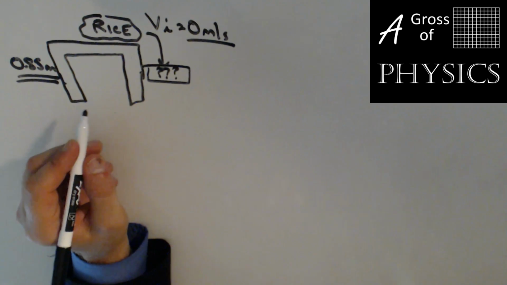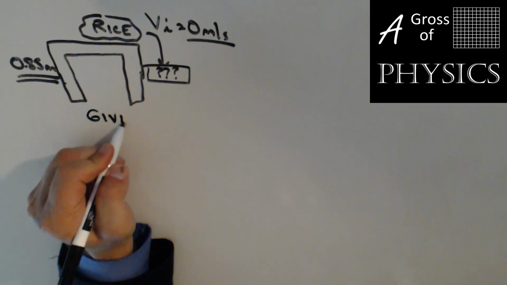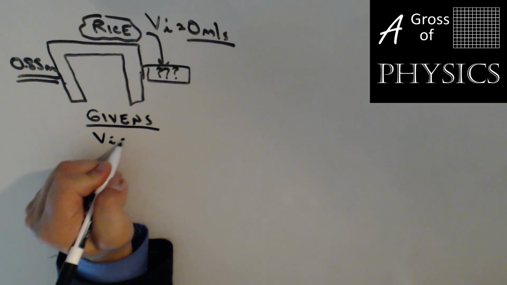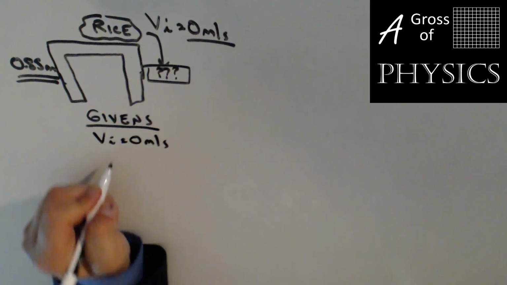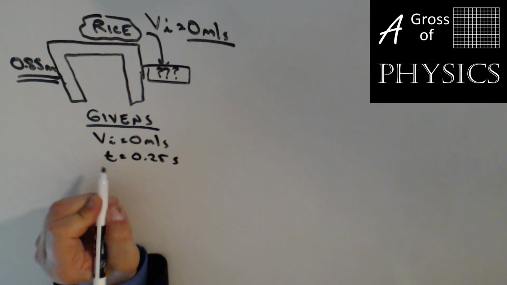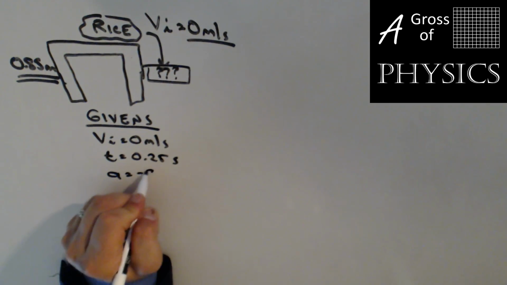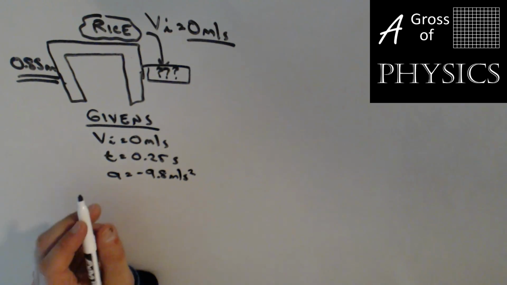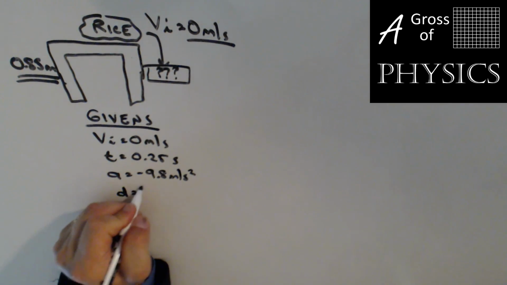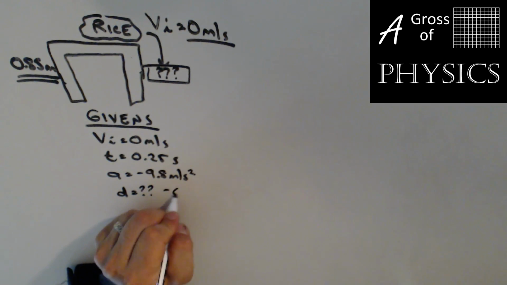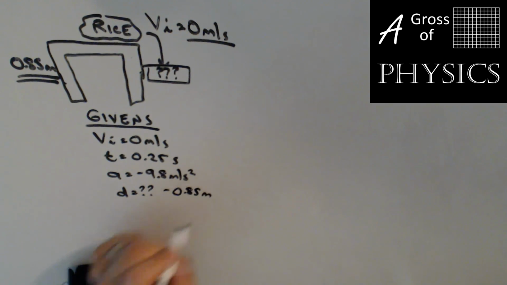And what we're going to do is not use that 85 centimeters. In fact, VI is 0. T is 0.25 seconds. Acceleration is negative 9.8 meters per second squared. And we don't actually know D. But a lot of people are going to want to put negative 0.85 meters.